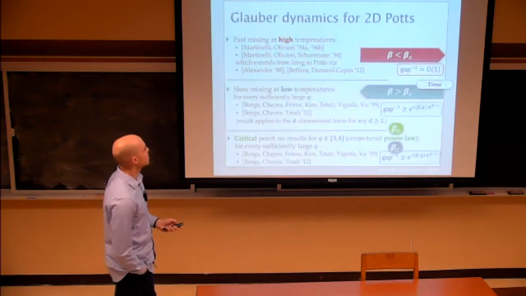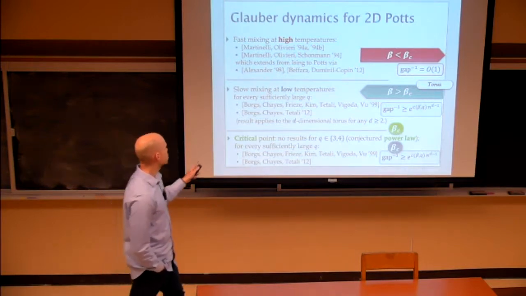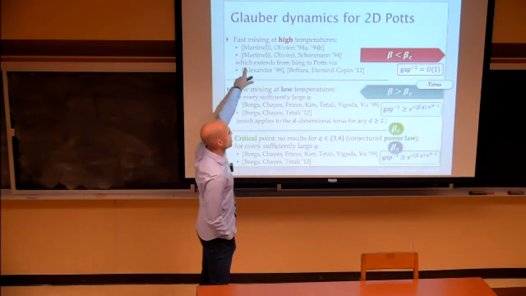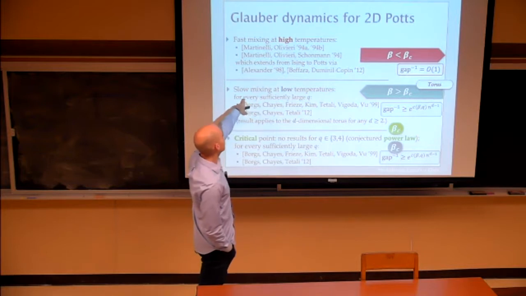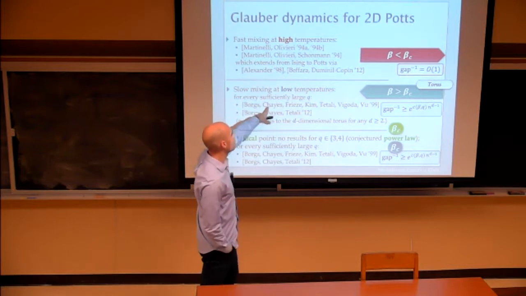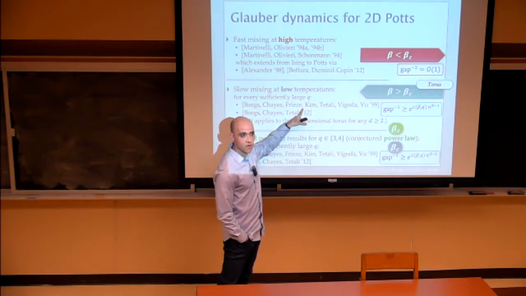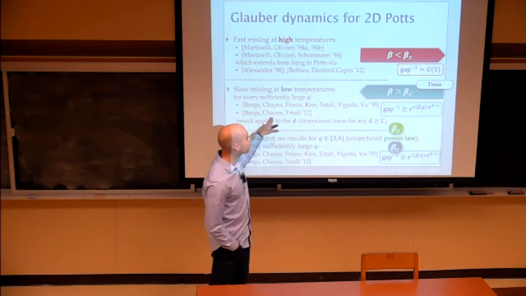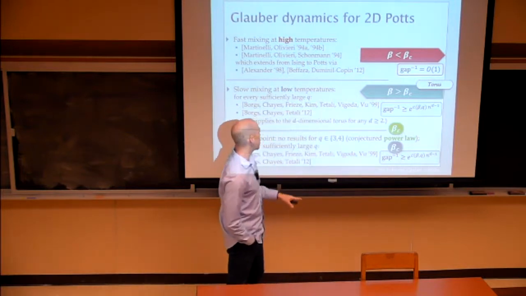Here are some previous works, out of which I should highlight that in the low temperature regime, the right thing was known for Q large enough, but not for Q equals, let's say, 5, 6, 10, or 15. For large enough Q, you knew that everything is exponentially slow.